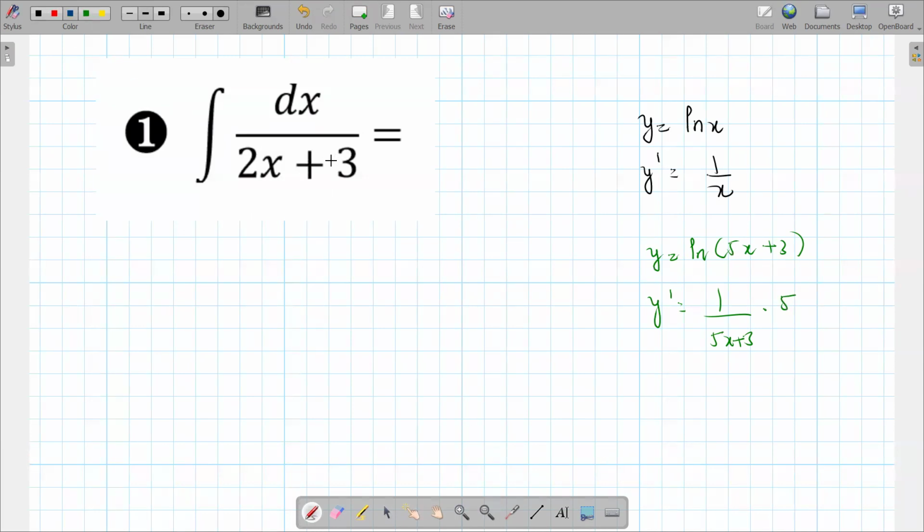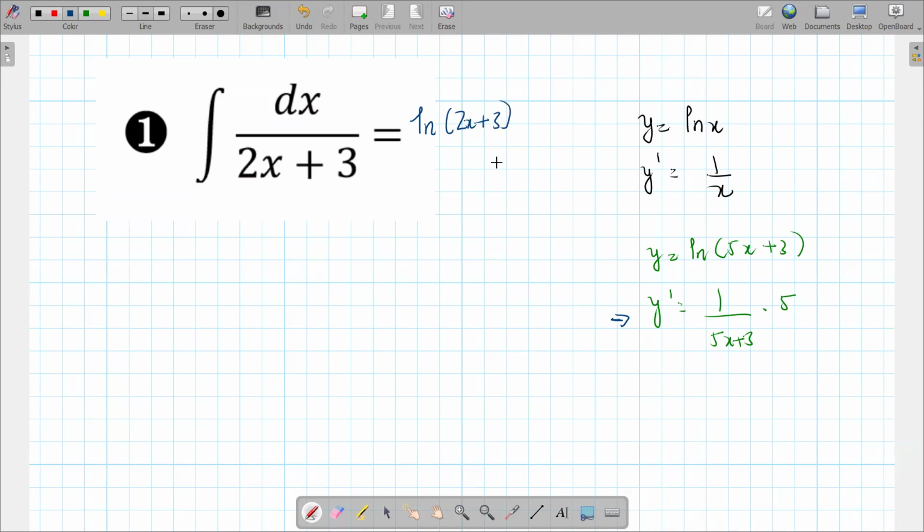So here, what's the integral of 1 over 2x plus 3? So we're down here. It's going to be ln, right, of what? 2x plus 3.